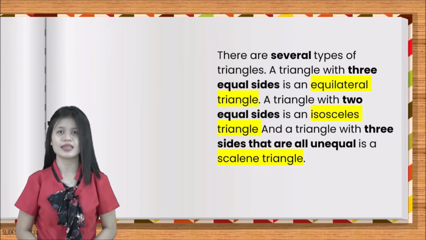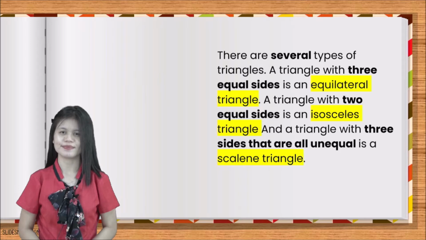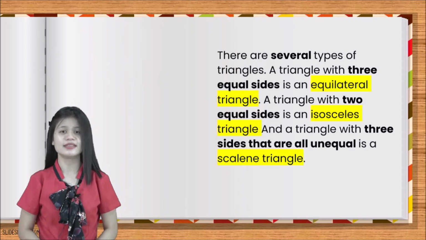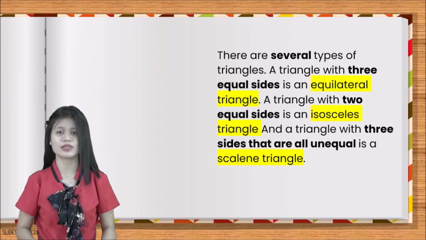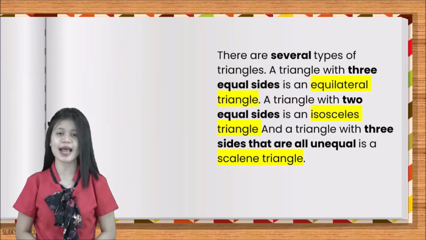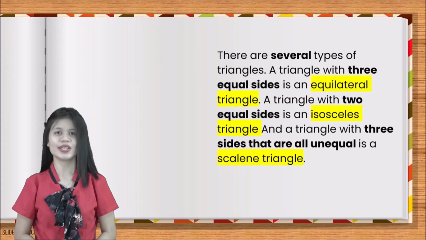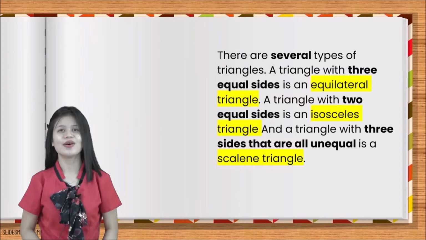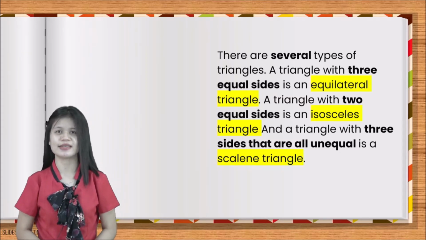We call it equilateral triangle. But what about if the equal sides are only 2, and the other one is not equal with the other sides? We call it isosceles triangle. And a triangle with 3 sides that are all unequal or not equal, we call it scalene triangle.